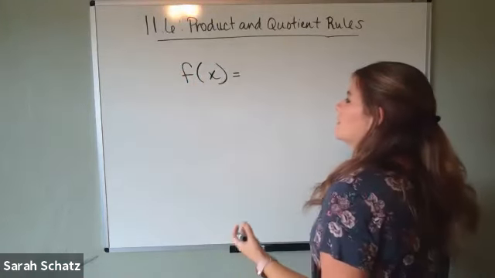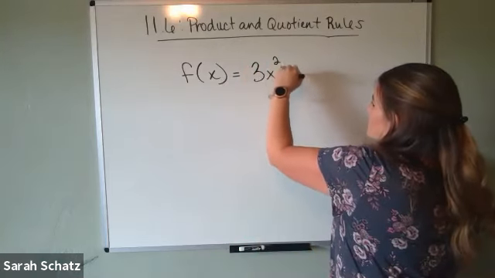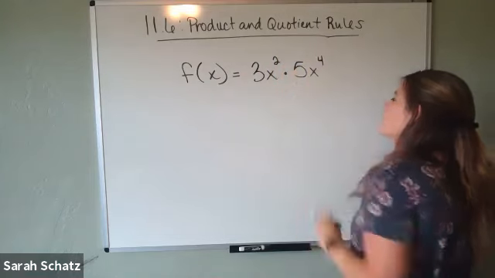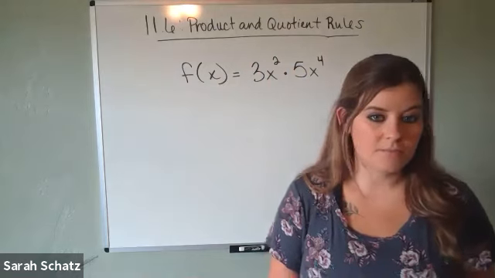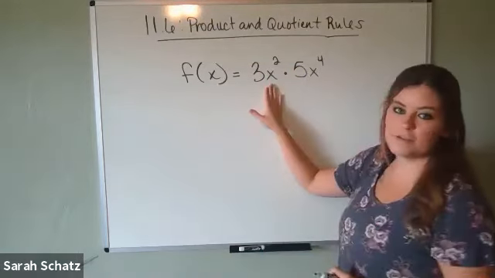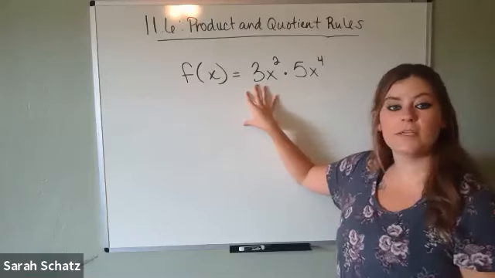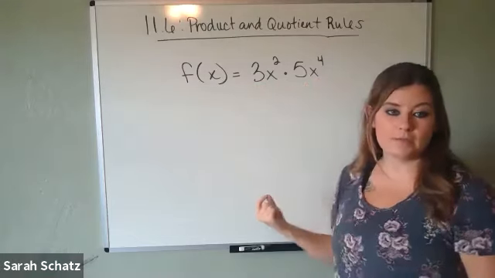So in this example, I'm going to have f of x equals 3x squared times 5x to the 4th. Now, the only thing I can't do is I cannot look at this, see that it's multiplication, and say, okay, I'm going to take the derivative of this, and then multiply them together.